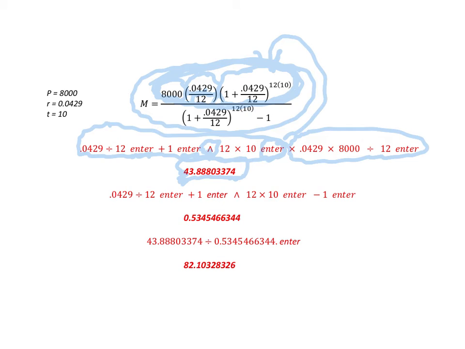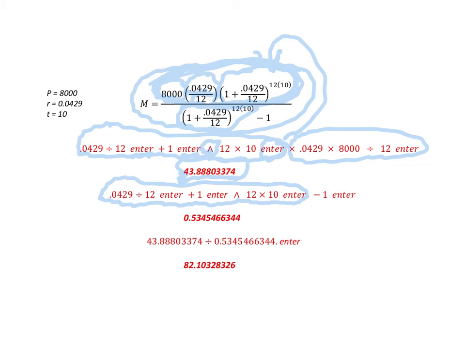Again, we're going to start with this term that's in parentheses, the 1 plus 0.0429 over 12 raised to the 12 times 10 power. The keystrokes are going to be exactly the same as what they were on the top. 0.0429 divided by 12, enter, +1, enter, raised to the power 12 times 10, enter.